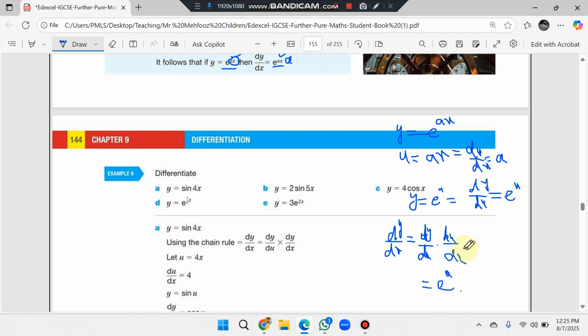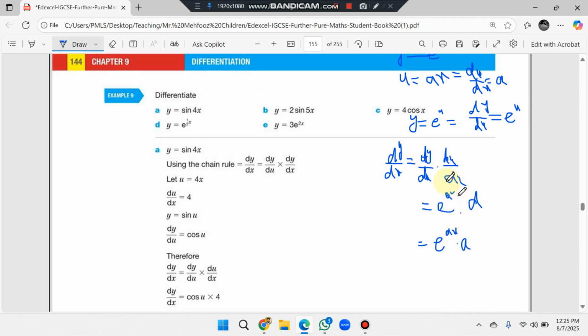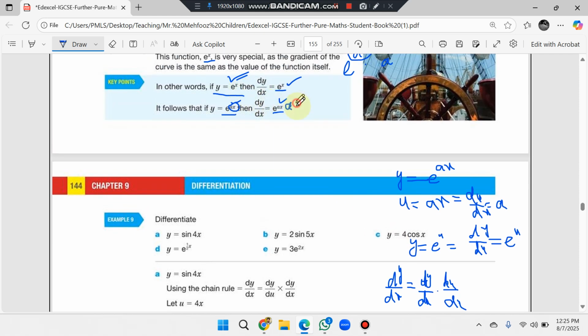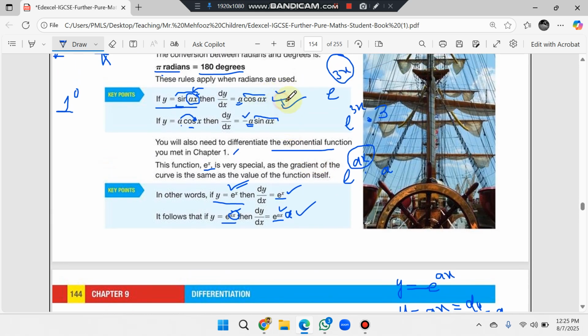And what is du by dx? That is simply a. So what is the value of u? That is ax. So we can write it as e raised to the power ax dot a. So we have proved this key point note 2 by using the simple method as well as the chain rule. Now you can understand. Yes.